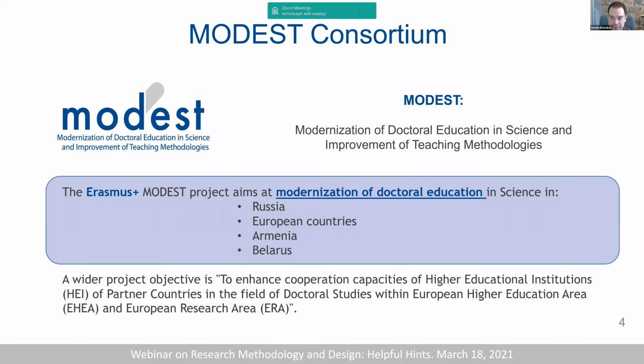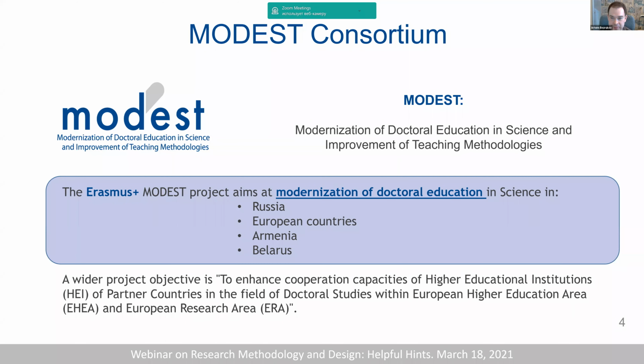Here are the participants. Starting with Europe, the University of Latvia, as I have already said, is the administrator of our consortium, and we're also very happy to have Brunel University from London, University of Helsinki, and Jagiellonian University from Krakow, Poland. Russian universities are represented by universities from Moscow, Ekaterinburg, and also our university from Kazan.